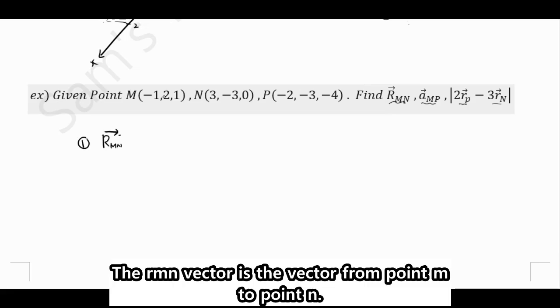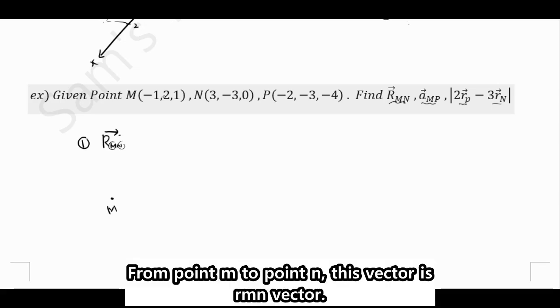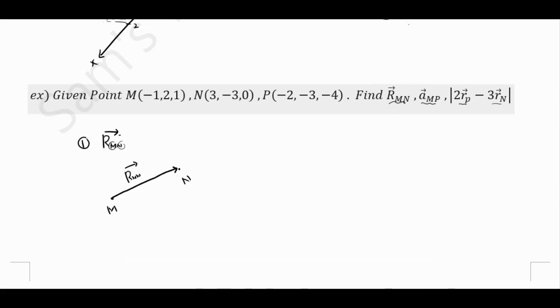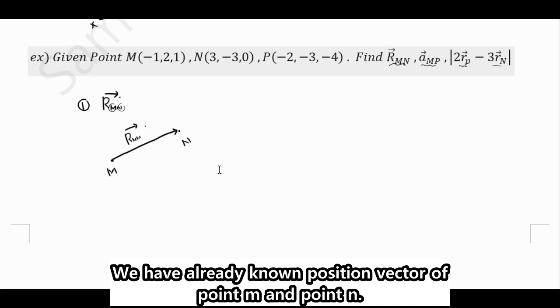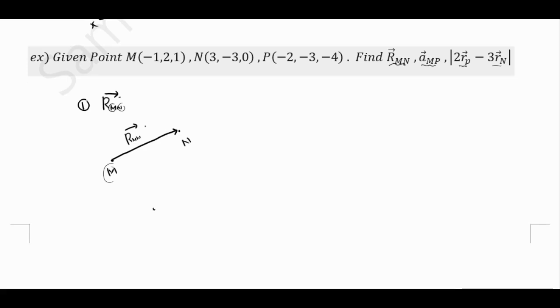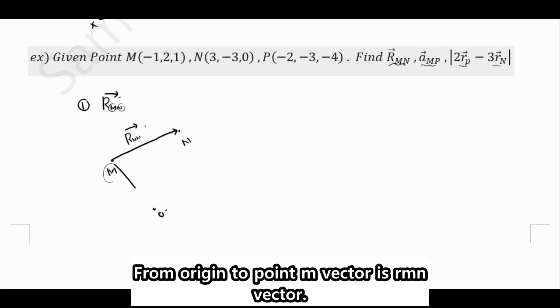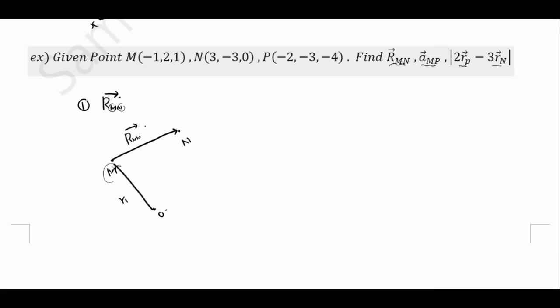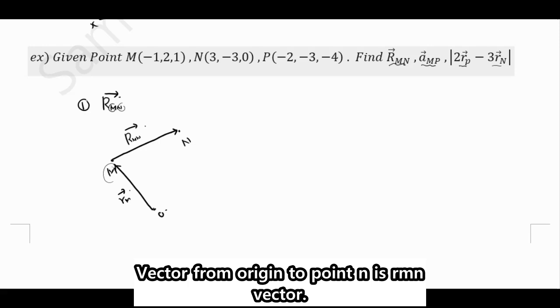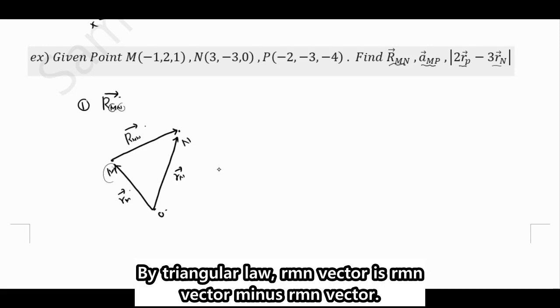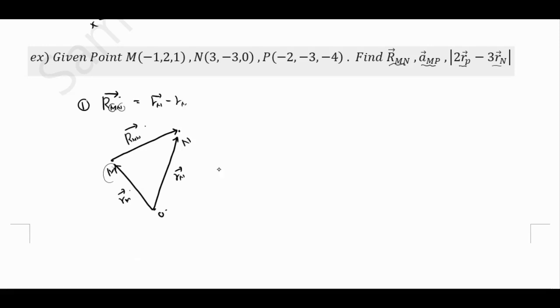The Rmn vector is the vector from point M to point N. We already know the position vectors of point M and point N. From the origin to point M, the vector is Rm vector. The vector from the origin to point N is Rn vector. By the triangular law, Rmn vector is Rn vector minus Rm vector.